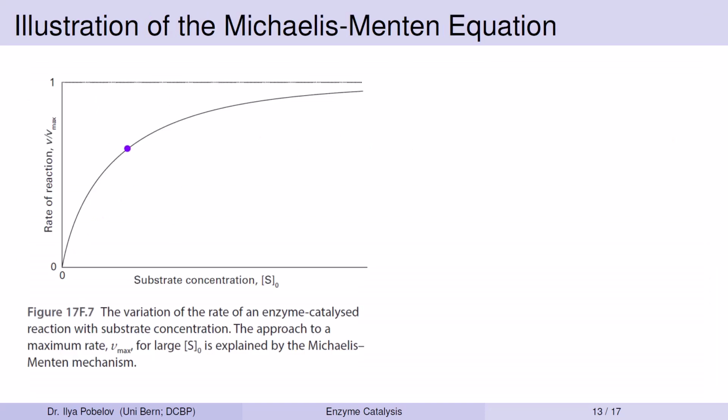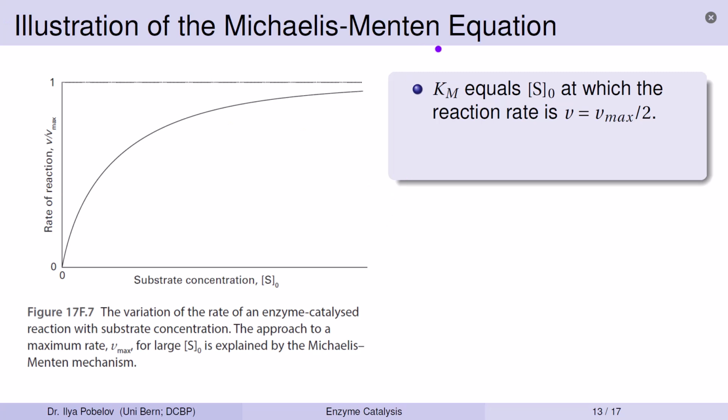This figure illustrates the variation of the rate of the enzyme-catalyzed reaction with the substrate concentration, as described by the Michaelis-Menten mechanism. This graph demonstrates how the reaction rate approaches a maximum rate for large substrate concentrations. By analyzing the Michaelis-Menten equation further, we can ascertain that the Michaelis constant equals the substrate concentration at which the reaction rate is half of its maximum value.